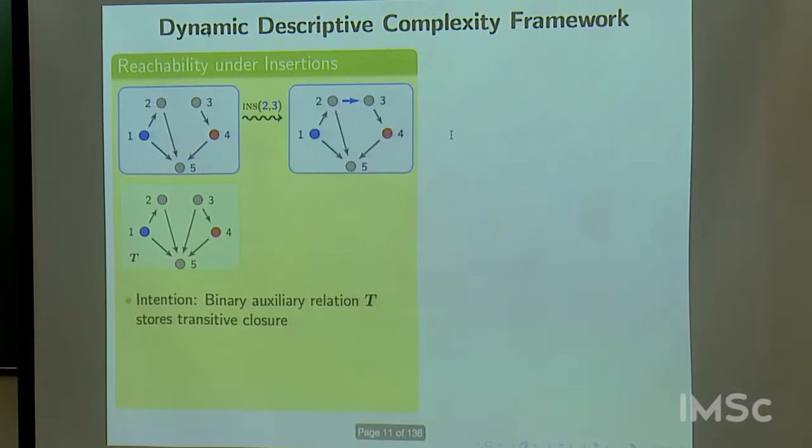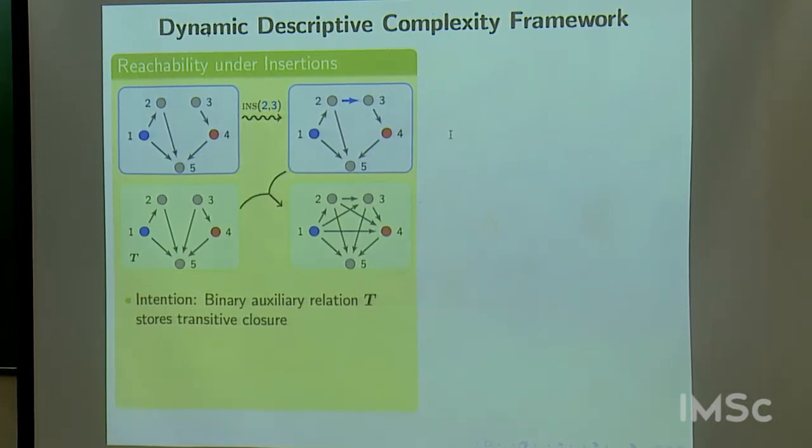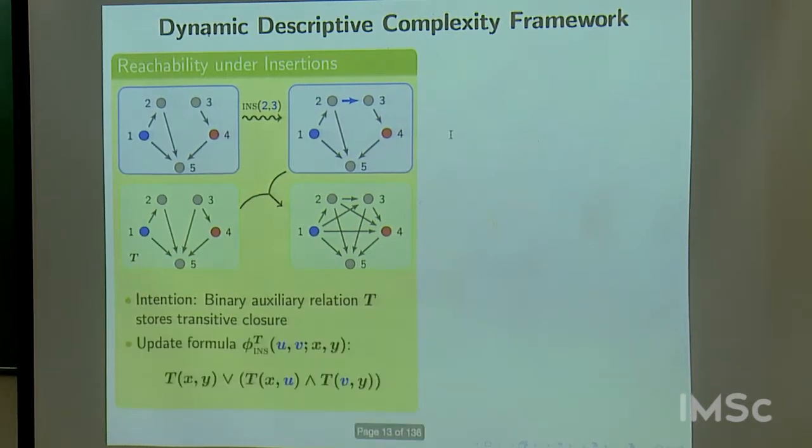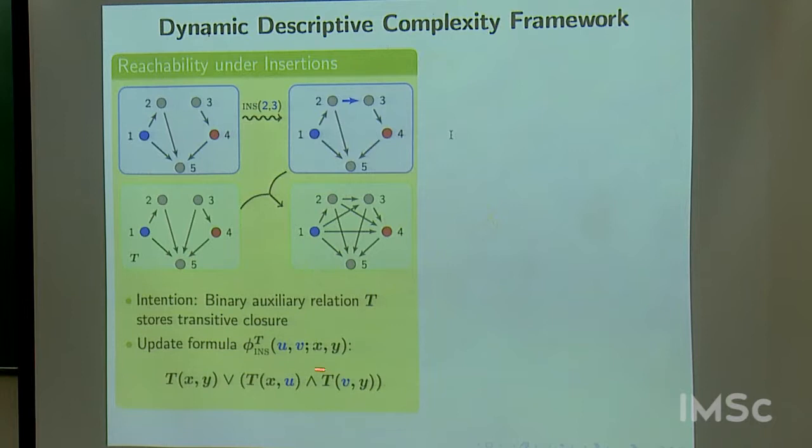And now if you insert 2, 3, you can update the transitive closure to reflect the change. So lots of new edges are added. And the update formula is very simple. So the transitive closure is, suppose either there's a path from x to y, or the path is added once you add the edge u comma v. Correct? So very simple, nothing complicated about this.